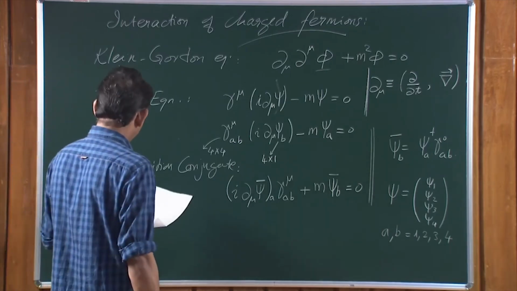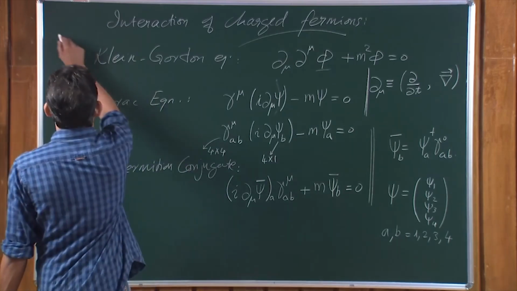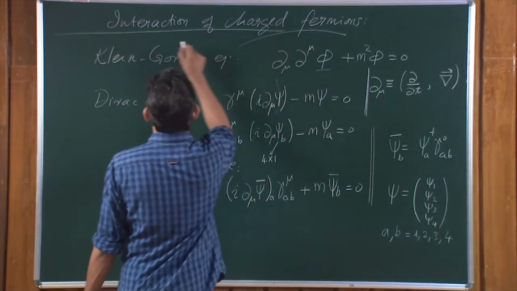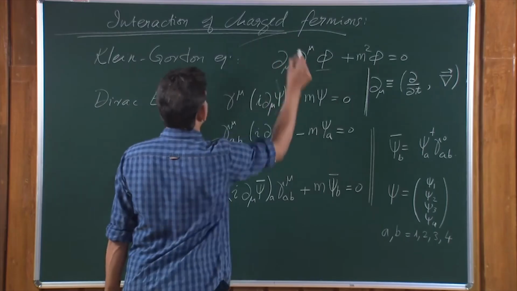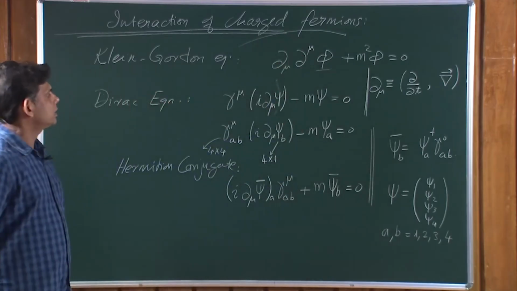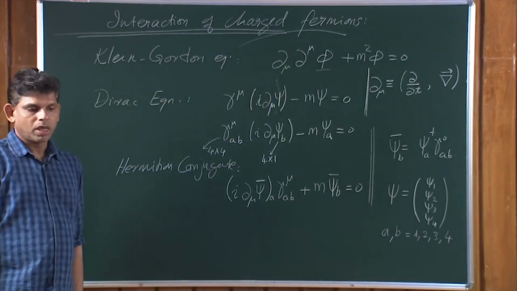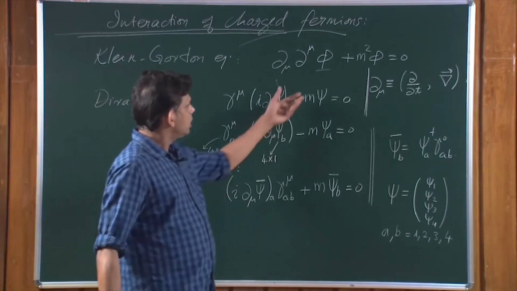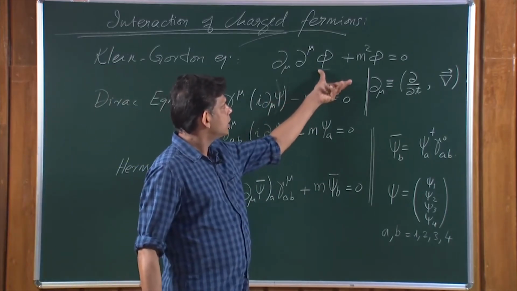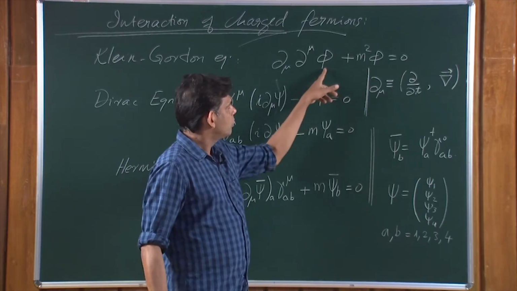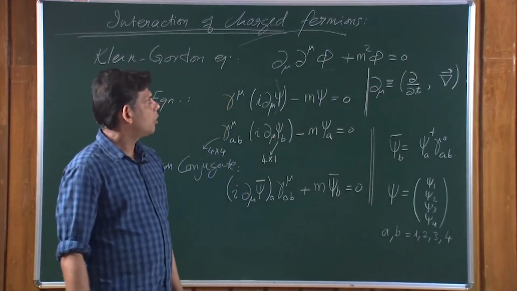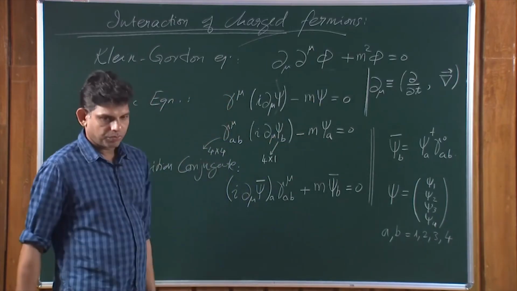Now, today, as we promised, we are going to look at how interaction can be understood. We had already seen how that is done in the case of particles which obey the Klein-Gordon equation.